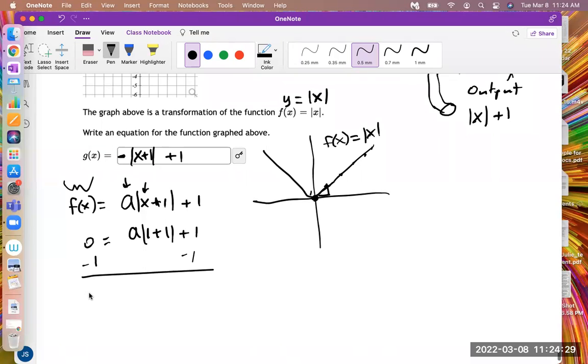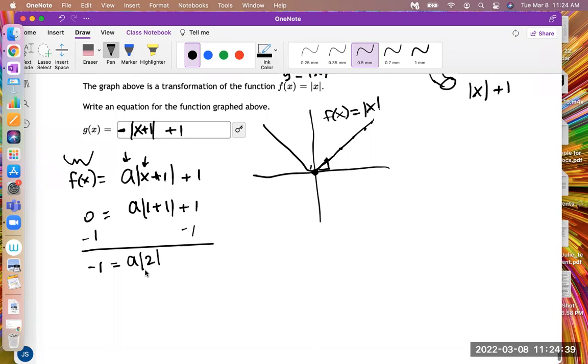Then I get -1 is equal to A times the absolute value of 1 plus 1, which is 2. The absolute value of 2 is just 2, so it's 2A is equal to -1. Then I divide by 2 on both sides, and I get A is equal to -1/2.